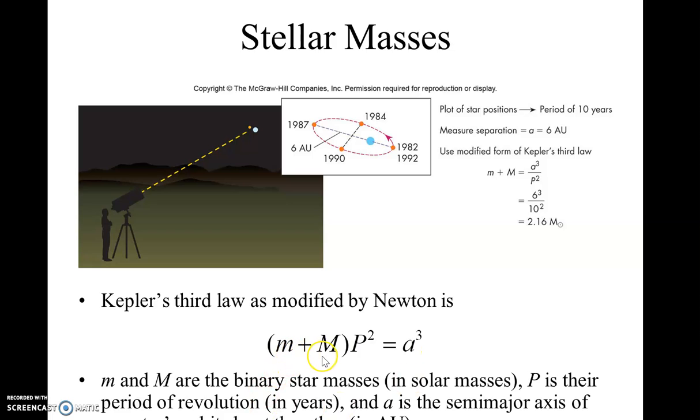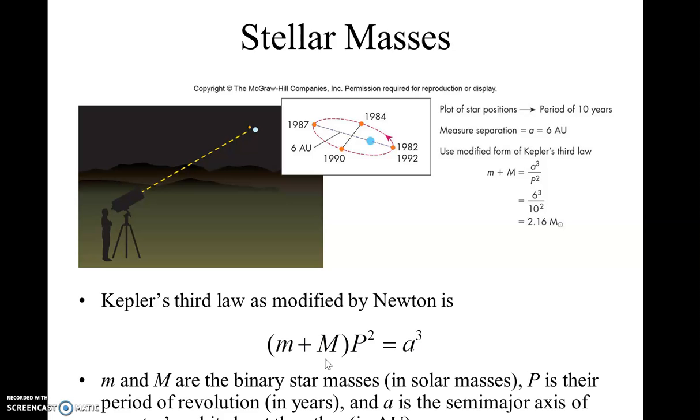I call this equation Kepler's third law for combined mass, where you get the mass, little m plus big M, which is just 2 different stars, in solar units.